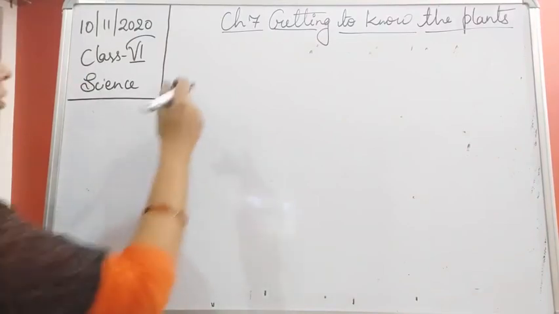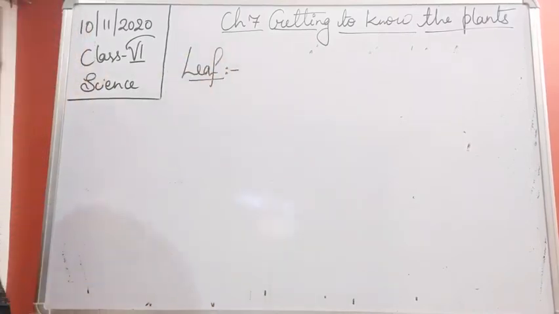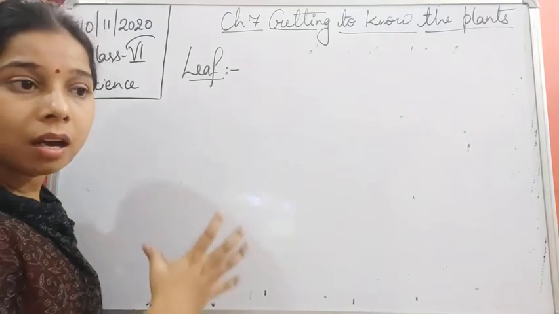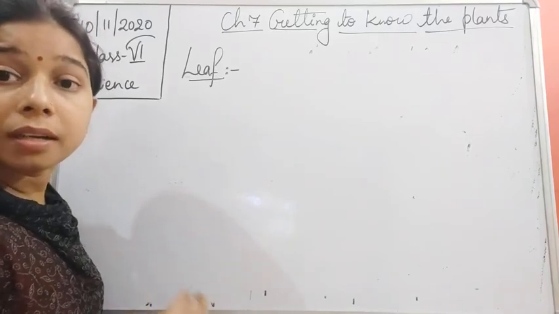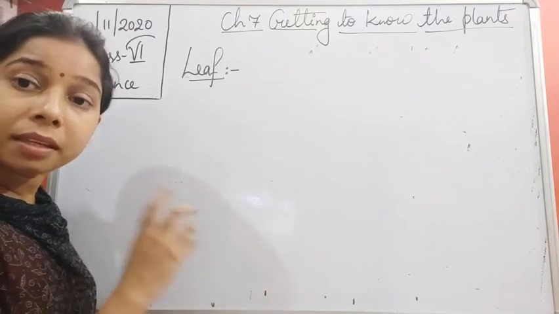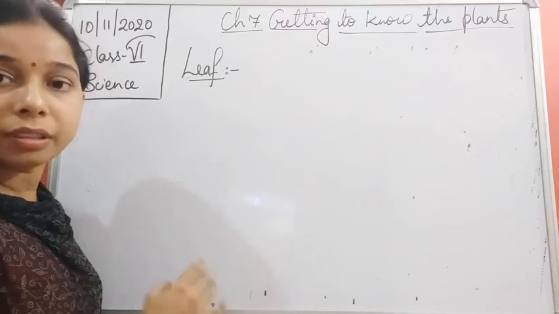Leaf. What is a leaf, students? If you see the leaf, what will you observe? It is a thin, broad, green part of the plant. When you see the plant, the green thing which you see is actually the leaves of the plant.